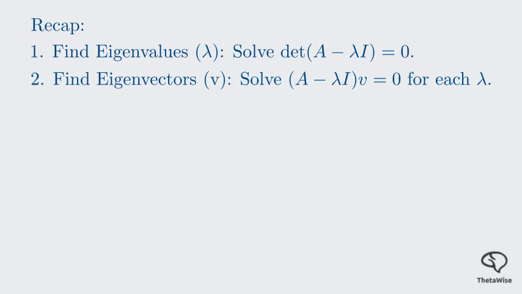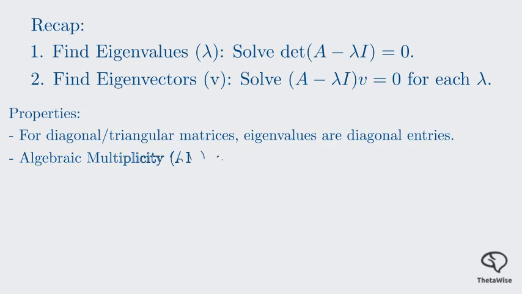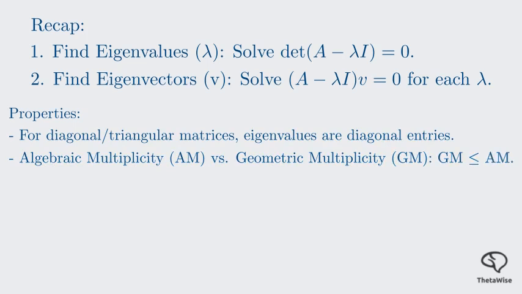We also saw some important properties. For diagonal or triangular matrices, the eigenvalues are simply the diagonal entries. We also introduced the concepts of algebraic and geometric multiplicity, noting that the geometric multiplicity is always less than or equal to the algebraic multiplicity.